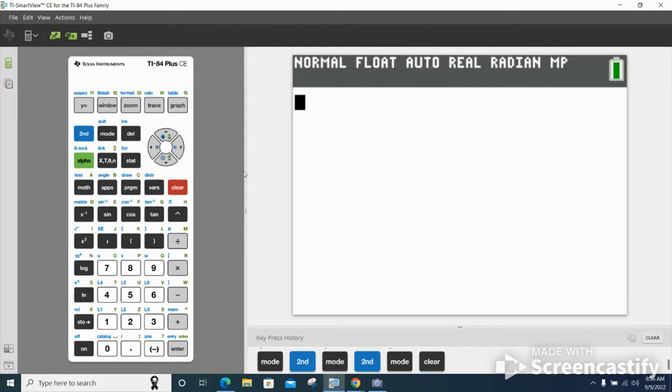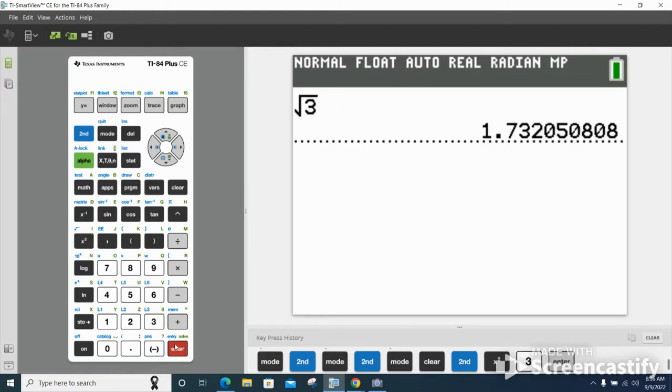So now let's kind of guess. We said that the square root of 3 lived between what and what? 1 and 2. So hit second, hit the x squared button, and you'll get the square root radical symbol. Plug in 3. 1.73. The square root of 3 is an irrational number that's approximately 1.73.